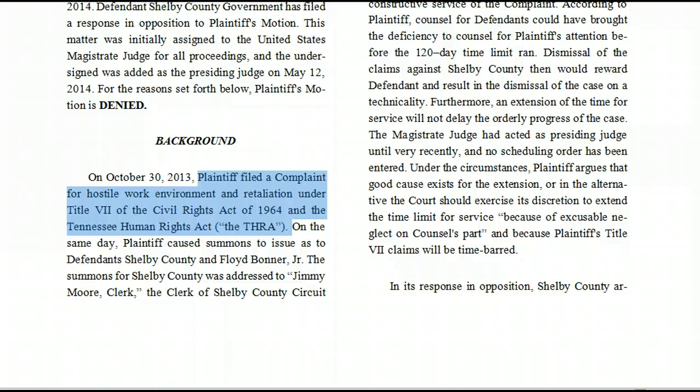The point here is that you need to be cognizant of the legal theories that the plaintiff is asserting and ask yourself, how does the opinion that I'm reading affect each of these claims?